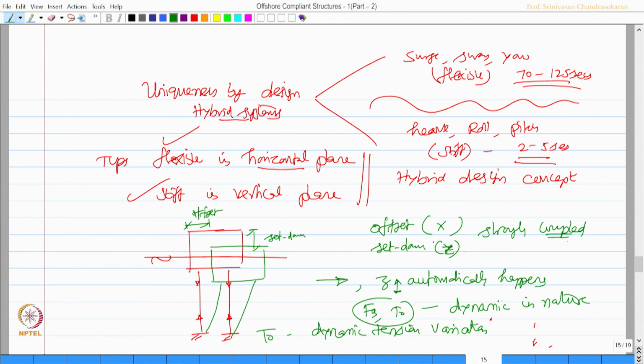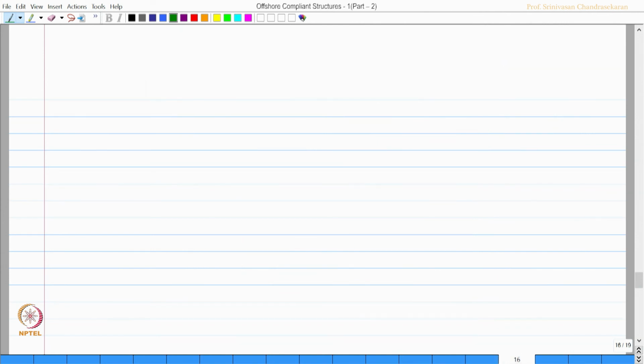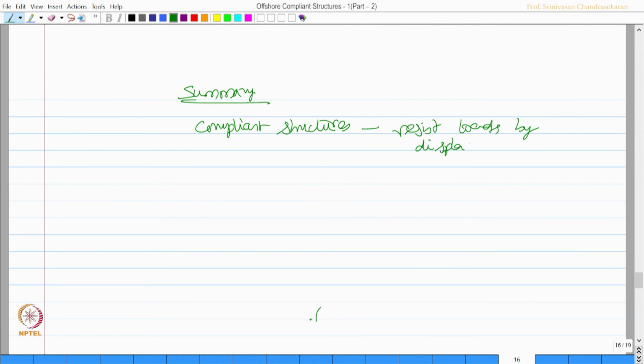So, we have advantages of alleviating the environmental loads by this kind of structural action. So, one can very clearly understand here that compliant structures resist loads by displacement, or you can say rotation, does not matter, in general by a compliancy in nature.